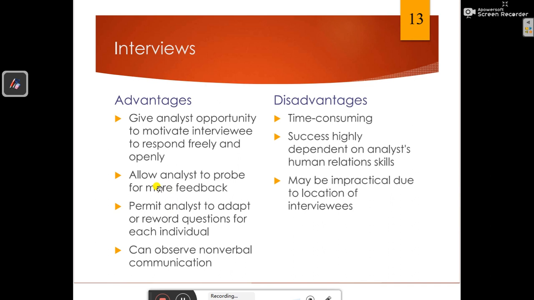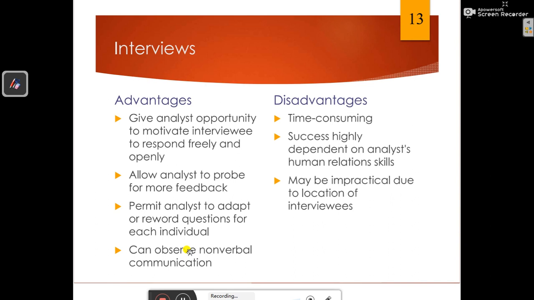In advantages, it gives the analyst the opportunity to motivate the interviewee to respond freely and openly, and allows analysts to probe for more feedback, permits analysts to adapt or reword questions for each individual, and to observe non-verbal communication.